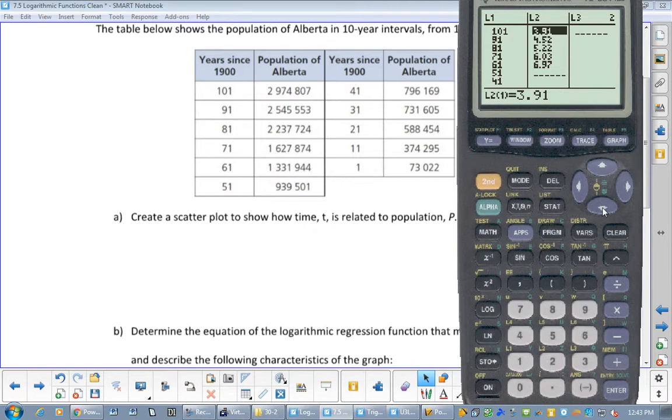Okay, some big scary numbers, so make sure you don't mess one up. 974,807. This is more of an exercise of not making a mistake than anything.